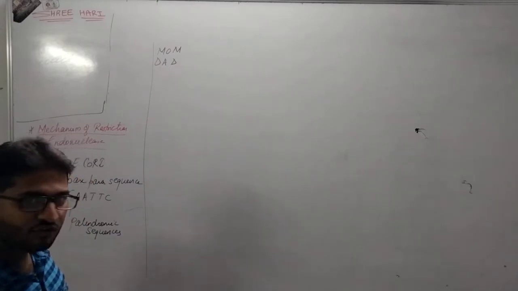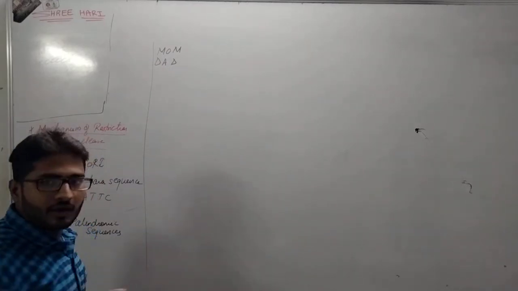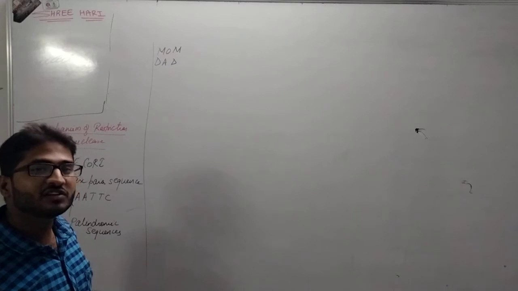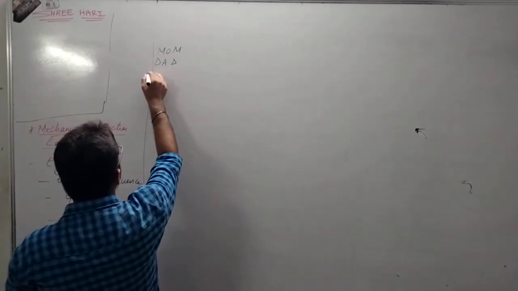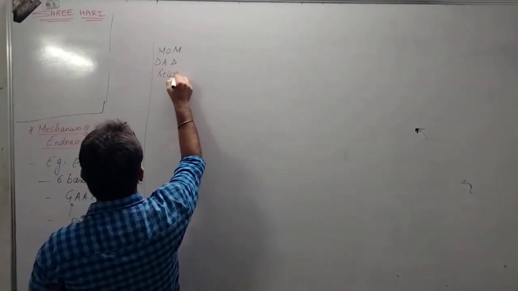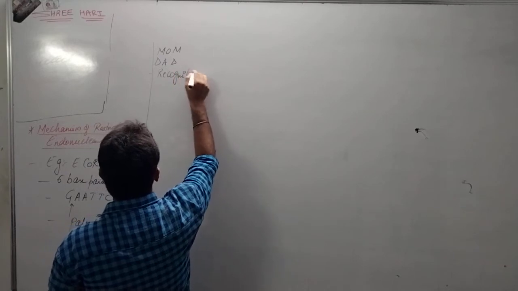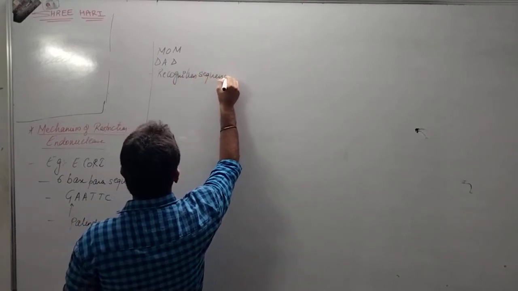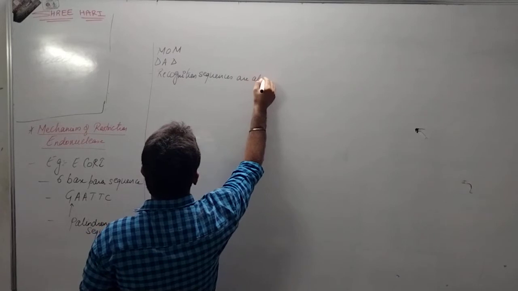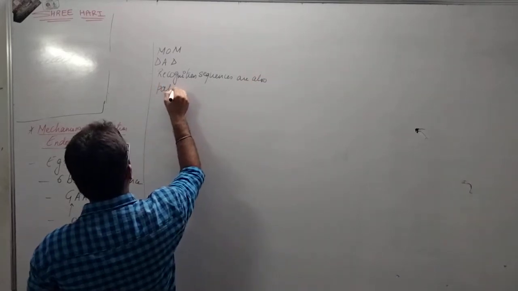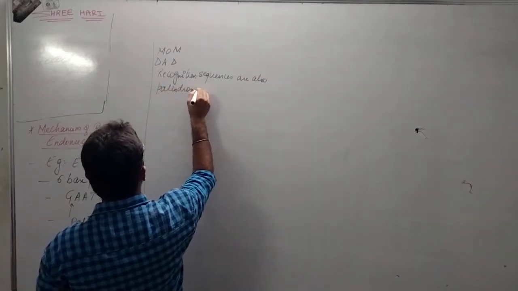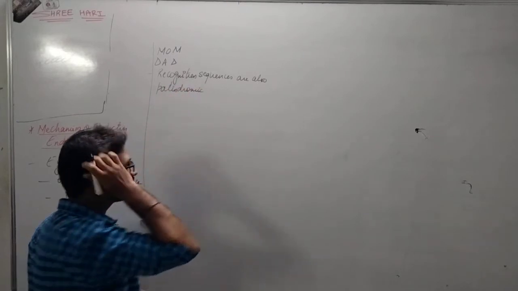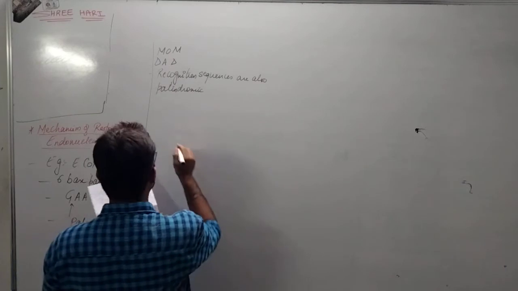Such sequences are palindromic. Restriction sequences or recognition sequences are also palindromic sequences.